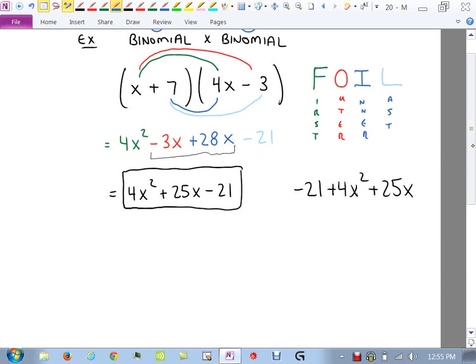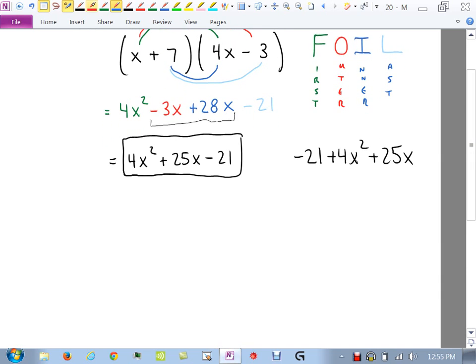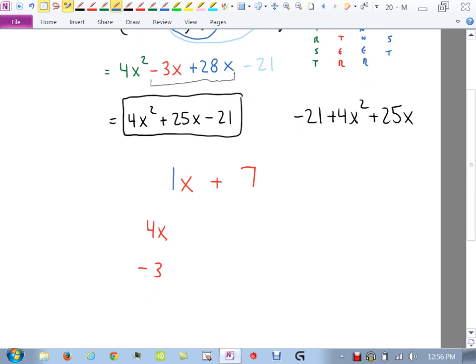Has anyone seen it done this way? This is just an alternative method, where you write out the first binomial horizontally, and then you write out the other binomial vertically. And you create a table. Has anyone ever seen something like that before? And so to multiply this binomial and this binomial together, if you want to know what goes in this box, you do this column and this row.